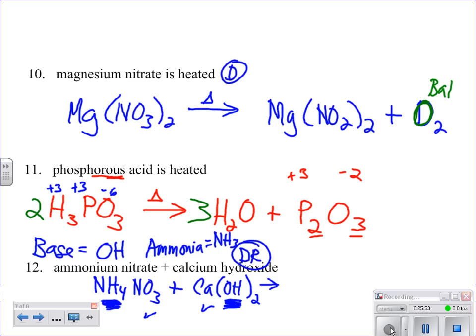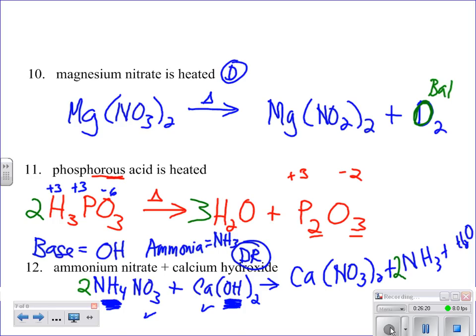So in this case, it's going to be calcium nitrate plus, we said ammonia, which is NH3, plus water. And for balancing, we have that and that.